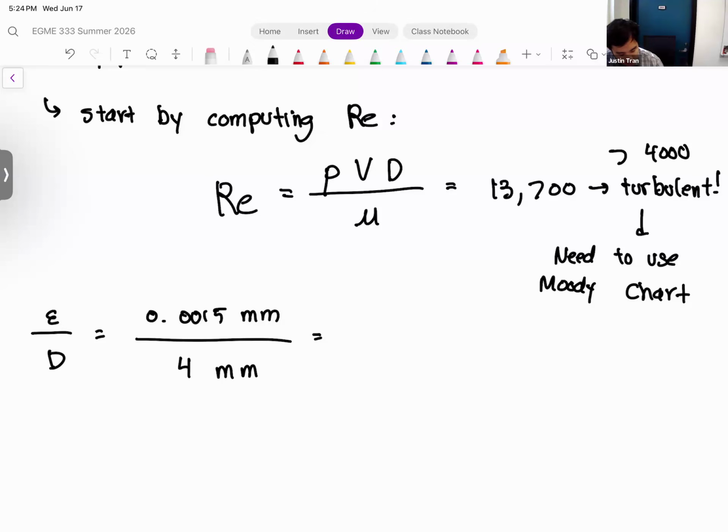This gives us a ratio of 0.000375, which is unitless because we have millimeter divided by millimeter. So again, we're making use of non-dimensional numbers in a problem like this, which is pretty common because we're using empirical results, which are almost always presented as non-dimensional numbers.